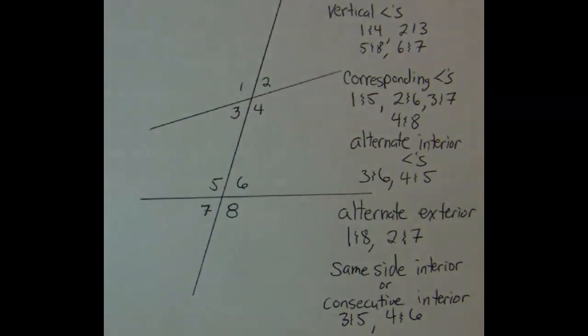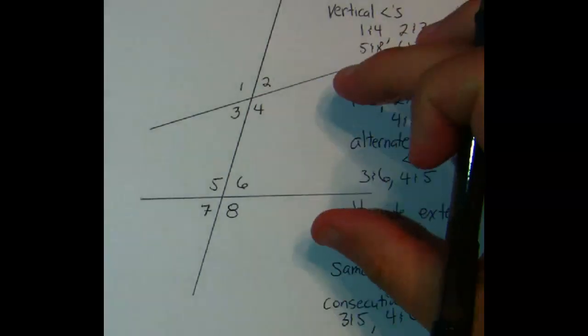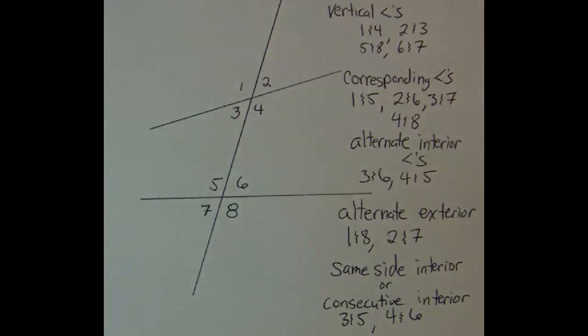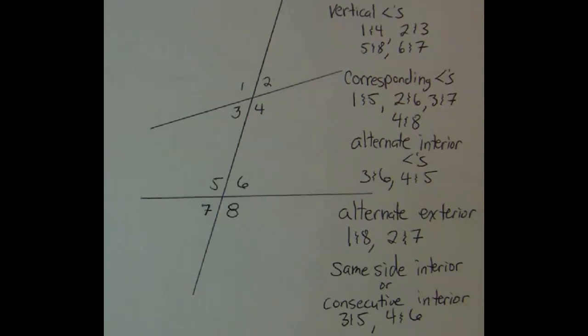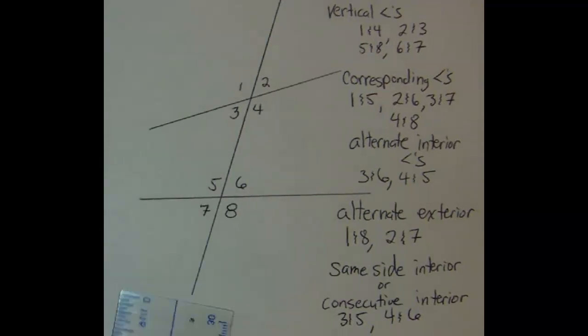So these are the 5 terms that you need to know in order to understand the angle pair relationships when you have 2 or more lines cut by a transversal. So as added practice, I'm going to give you another picture, and I want to see if you can understand what are our 5 angle pair relationships.